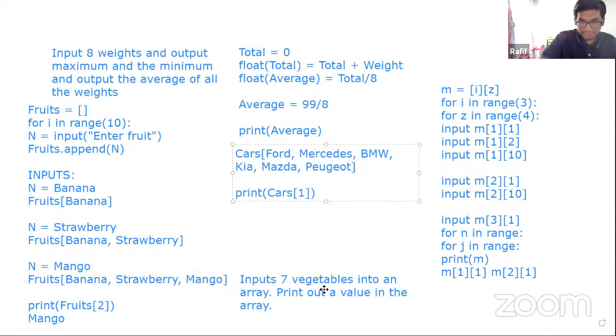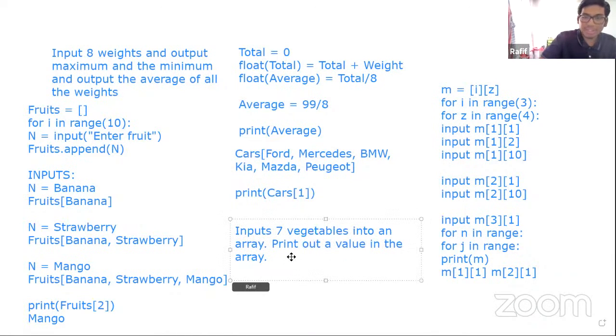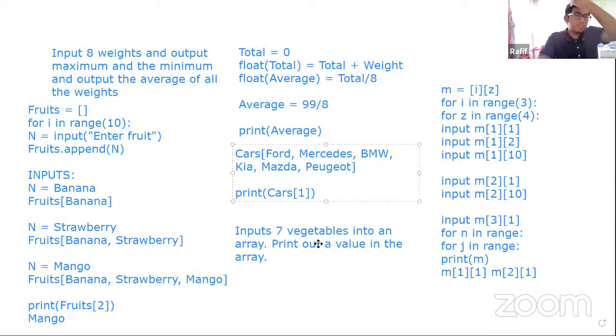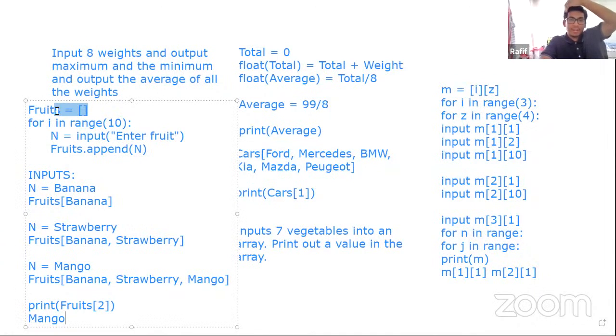So your task, basically what Rafi and Zaid are doing, is to input 7 vegetables into an array, and I want you to print out a value in the array like this. And in order to input, remember, just create the array, declare it using this little statement at the very top.